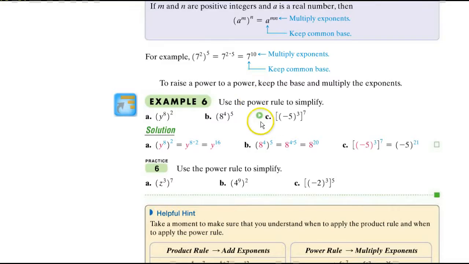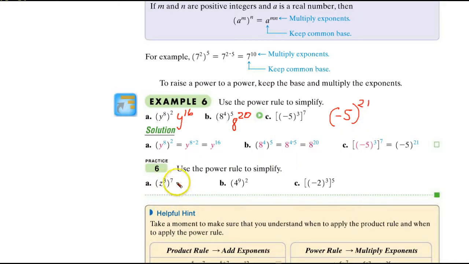Okay, let's do these over here. This is going to be y to the what? And this is going to be 8 to the what? Now, this is going to be a negative 5 to the what here? 21st.